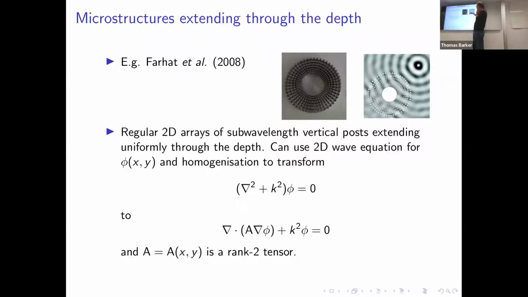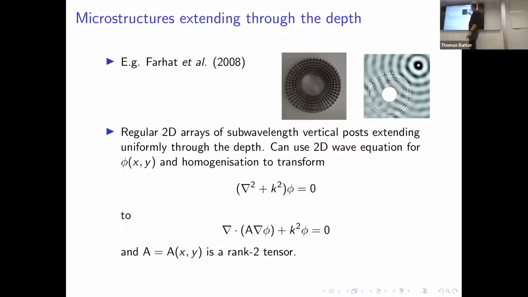In 2008, a series of authors looked at this particular problem in which they took an array of very, very small vertical posts which were uniform through the depth. Because they're uniform through the depth, I can use my potential theory. That's exact now. Okay?